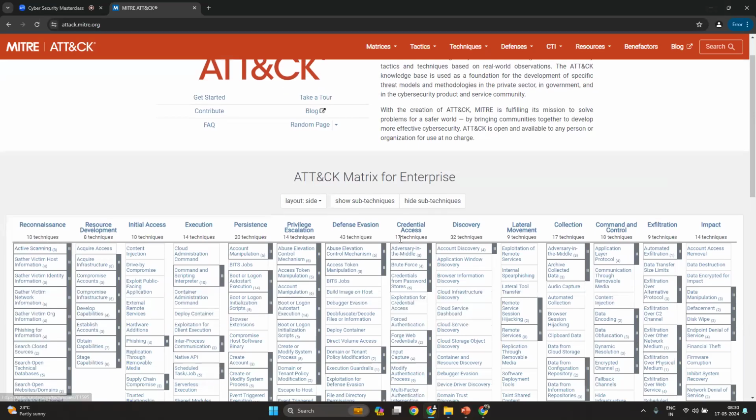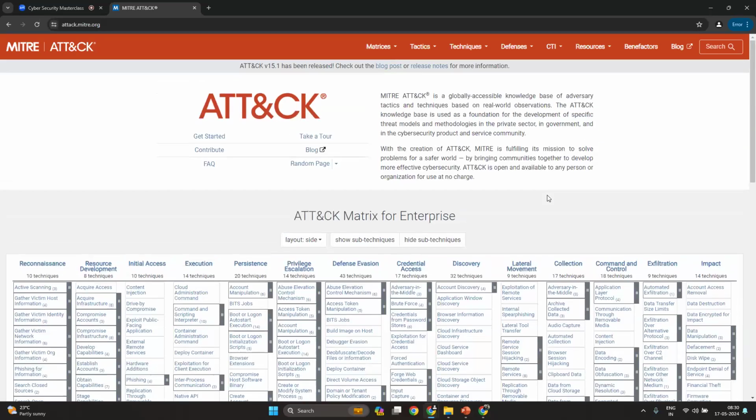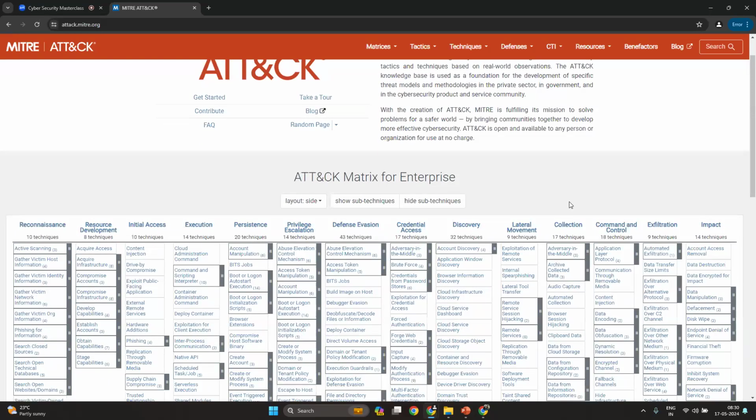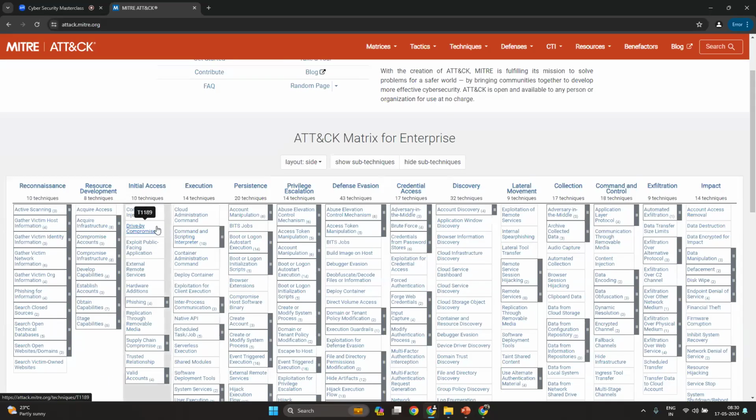You would see more than 7 phases here, but a certain phase is broken down into two other phases. That's exactly why you would see more than 7 phases, and it has techniques and tactics within it.